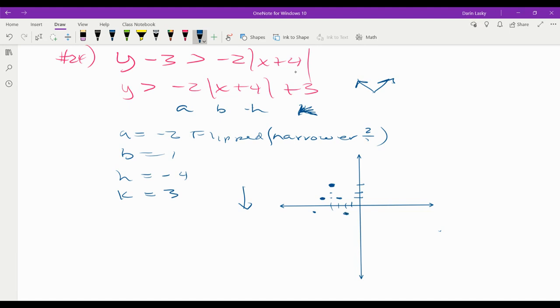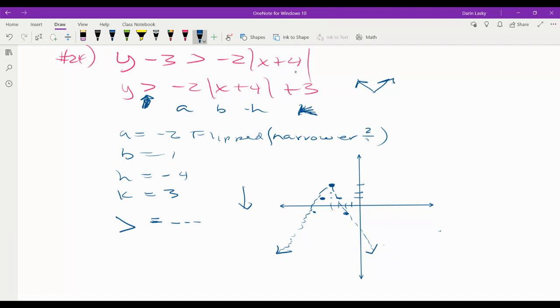Now, this is an absolute value, this is a greater than, so we want to make sure that it's a dashed line. So I've got to learn how to do a dashed line right here. So I've got a dashed line like that, and I've got a dashed line like that. It's the best I can do, guys.